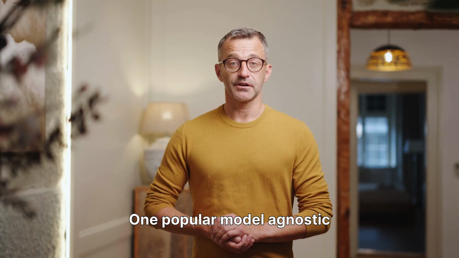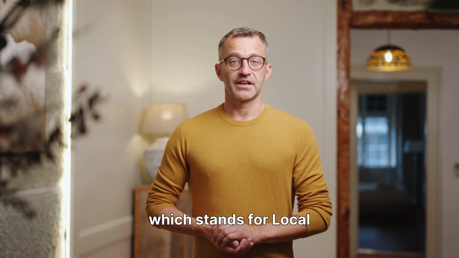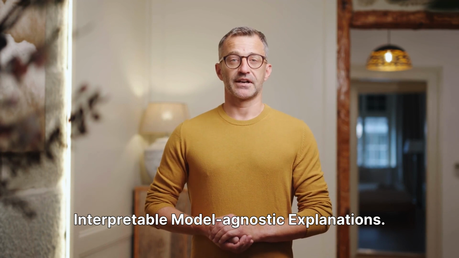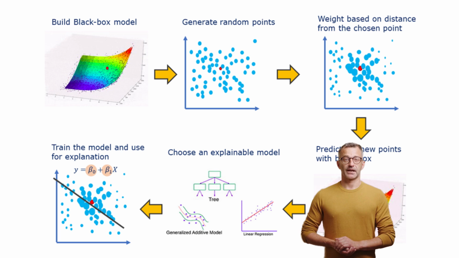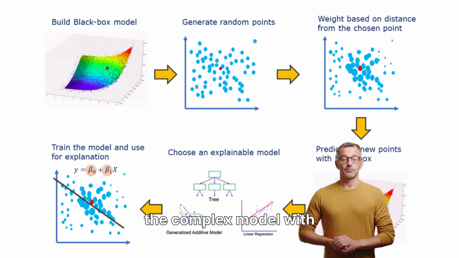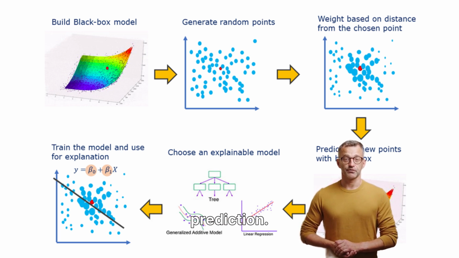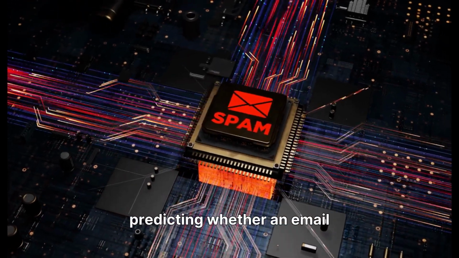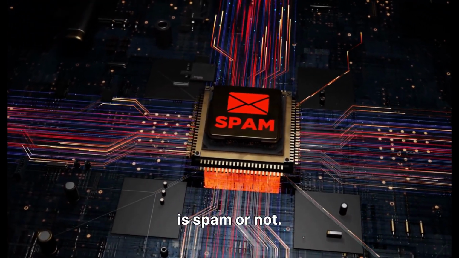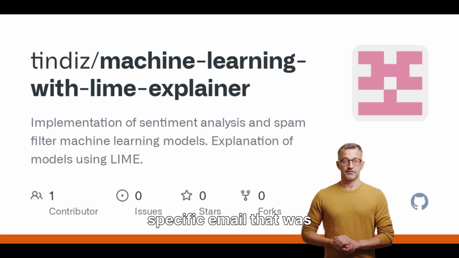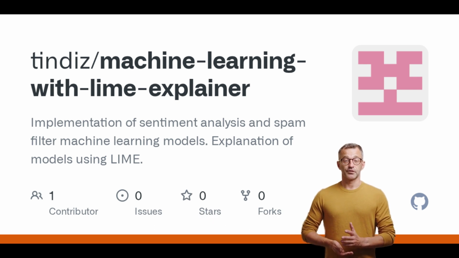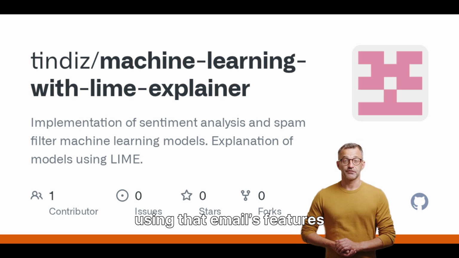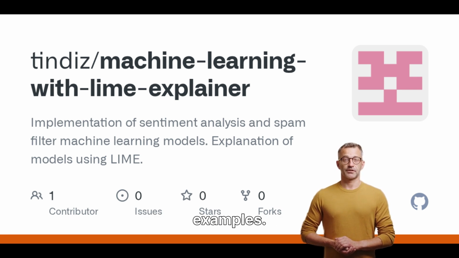One popular model-agnostic technique is called LIME, which stands for Local Interpretable Model-Agnostic Explanations. LIME works by approximating the complex model with a simpler one in the vicinity of the prediction. Let's say you have a complicated black box model predicting whether an email is spam or not. LIME will take a specific email that was classified as spam and create a simpler model using that email's features and a few similar examples.